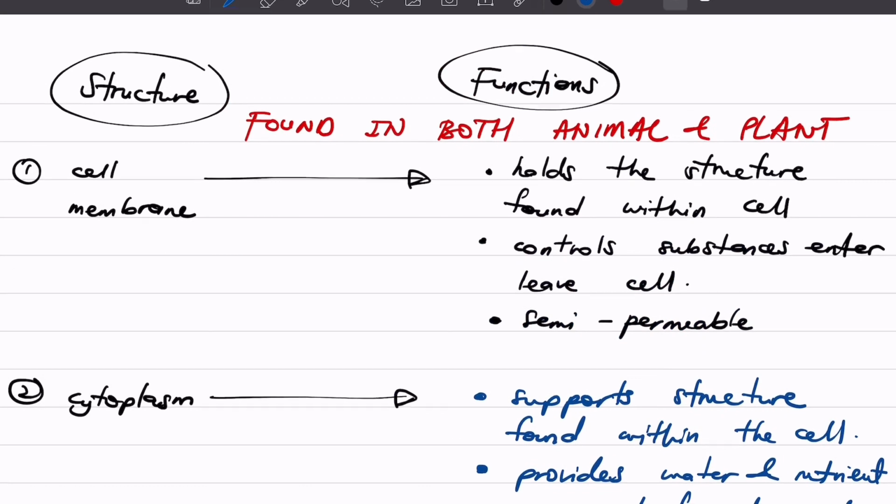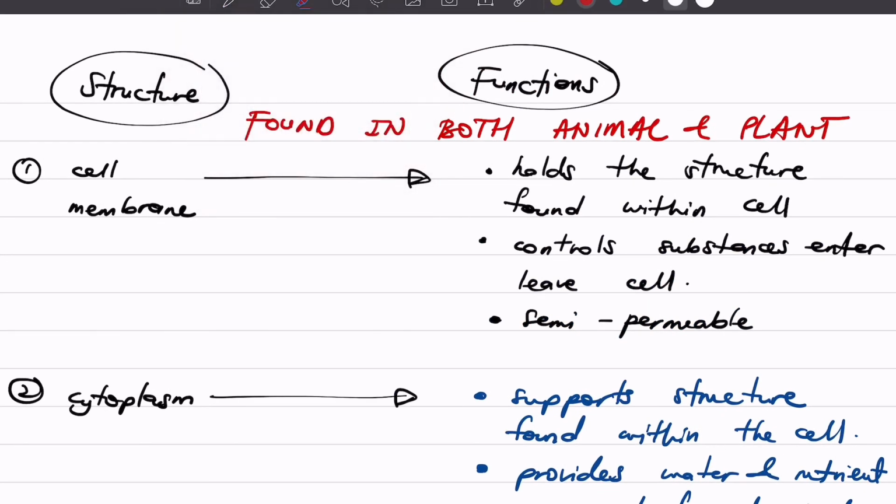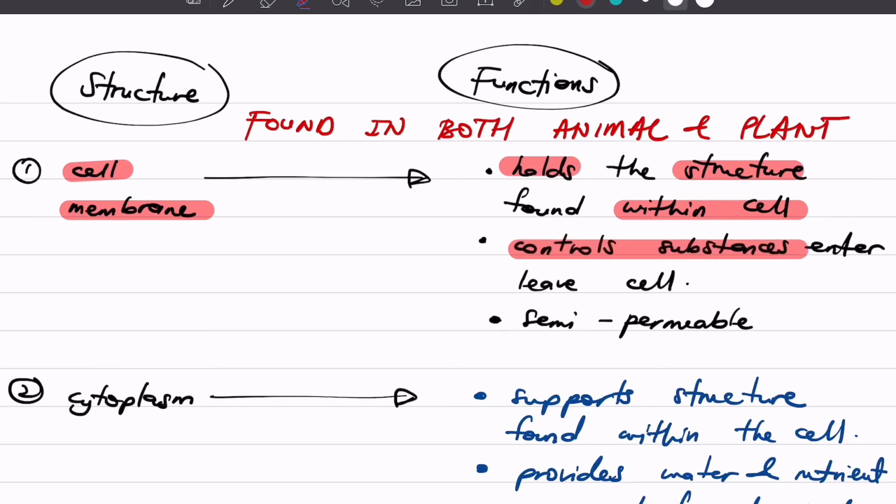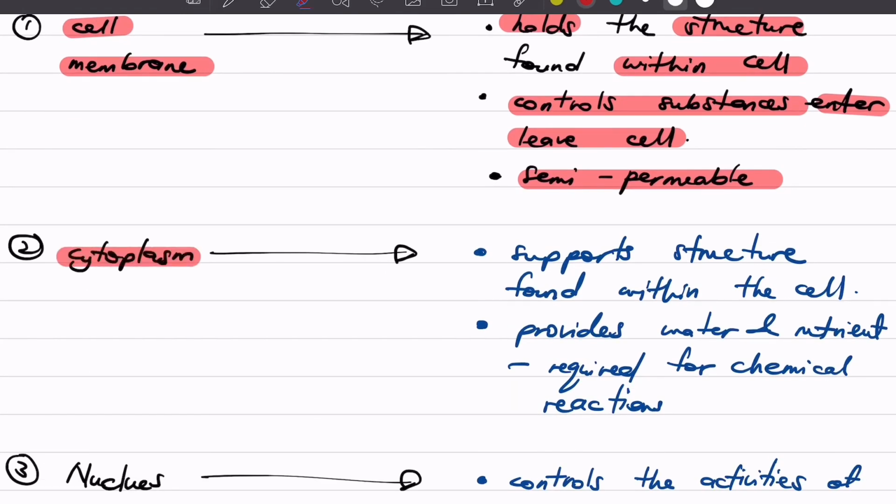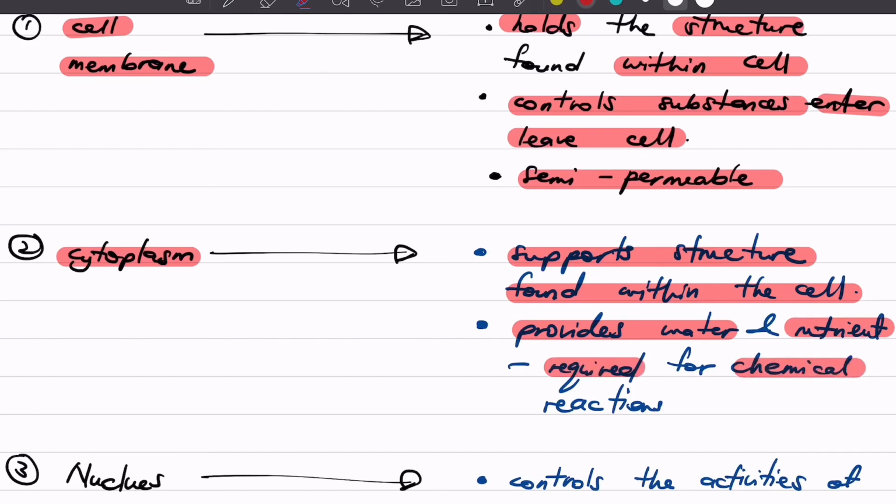So I'll go through these once again. On the left side are all the structures, on the right side are all the functions. The cell membrane holds the structures found within the cell, and it controls the substances that enter or leave the cell. It is semi-permeable, which means it allows only certain substances to pass through. The next one is the cytoplasm. It supports structures within the cell and provides water and nutrients required for chemical reactions.